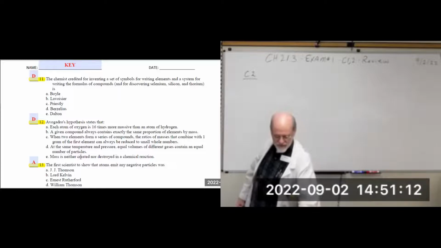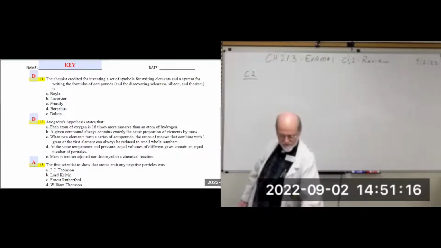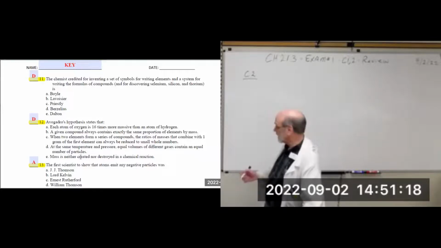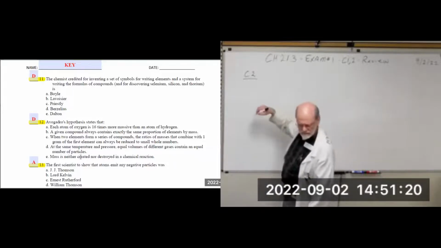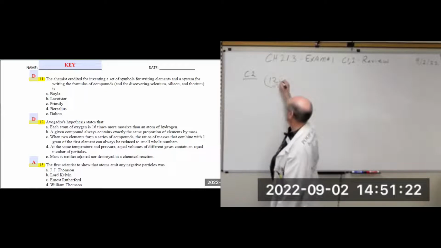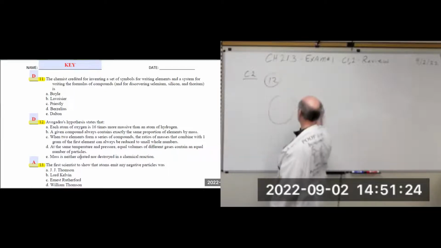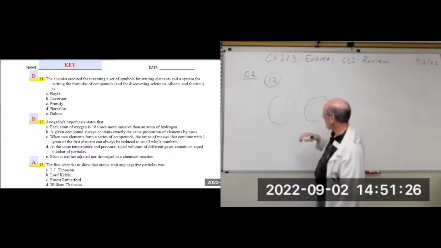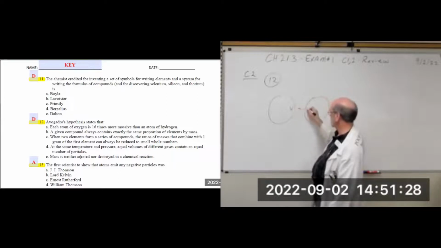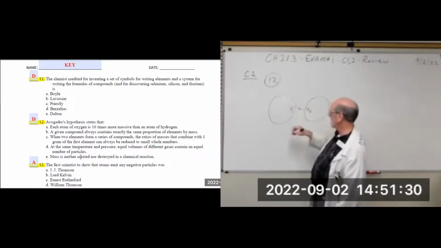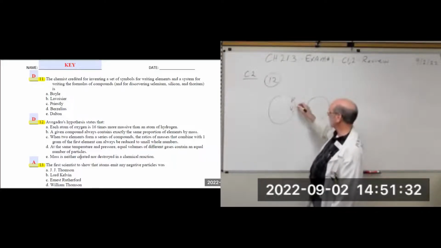12, Avogadro's hypothesis states what? Well, remember, let's see, 12. Avogadro said if you have two gases and their volumes are equal and their pressures inside the container are equal, and what else?